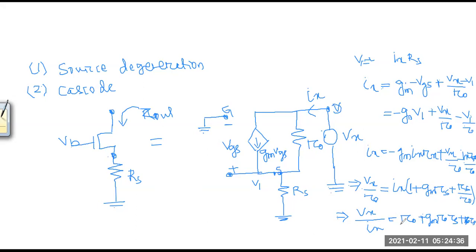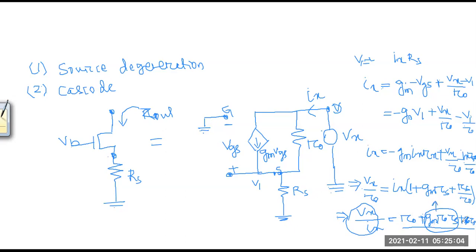Okay. So now see, this value is your output impedance. Now see, this value has 3 components. One is R0, Gm R0 Rs, and another is Rs. So this center part, you can see, is a huge resistance compared to R0 and Rs. So if you approximate, then this is the dominant factor.